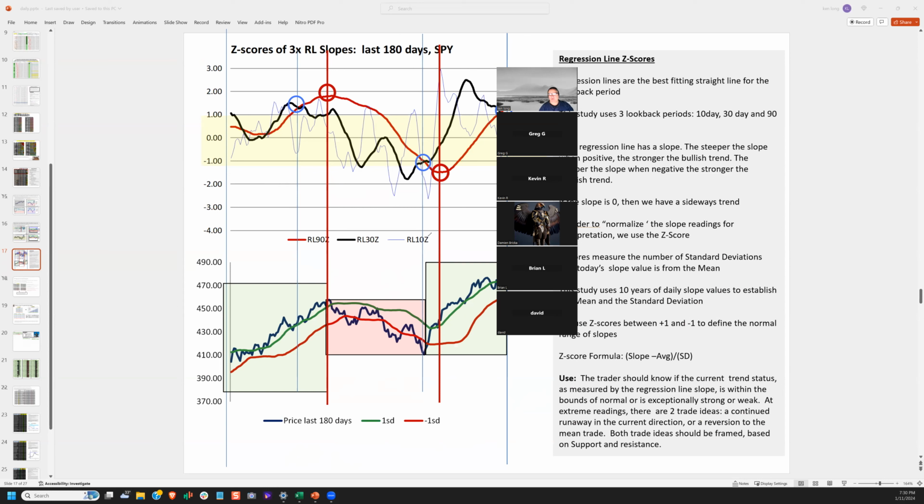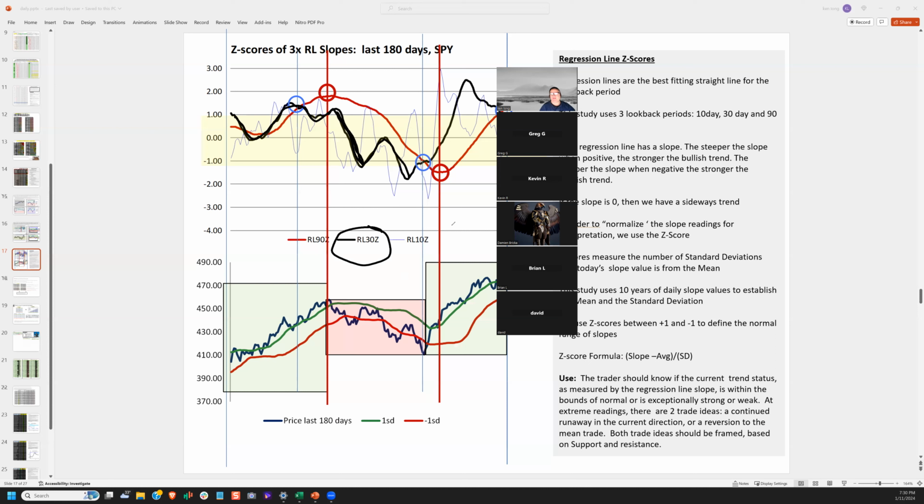In the pale blue, we have this RL10 slope, and you'll notice that it varies quite a bit as it goes through time. So I'm not going to highlight that one that much. The one that's really interesting to me is the black one, which is the RL30. That's the health of the current trend. And you'll notice that it gives a very smooth performance. I would like to be able to trade that.